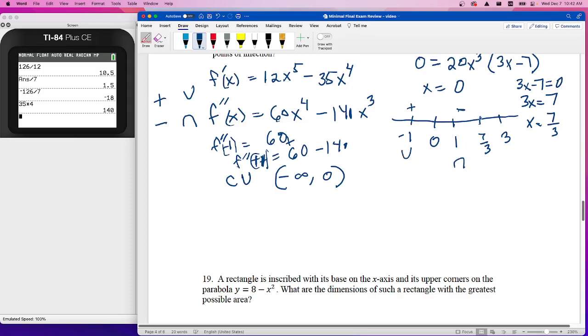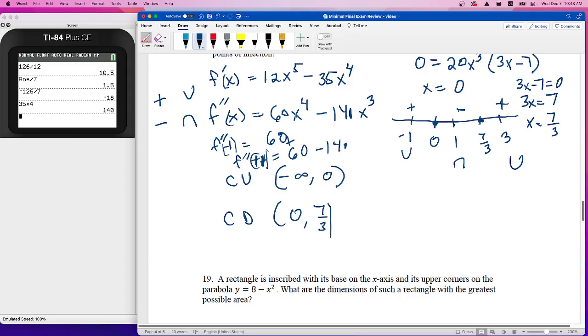It's going to happen until these, our inflection points, 0 and 7/3. So it's going to be concave down from 0 to 7/3. And then I'm going to guess that when we plug in 3, we're going to be concave up. I'm just going to jump ahead and say that that's what it's going to be.